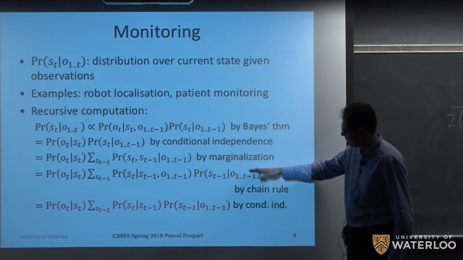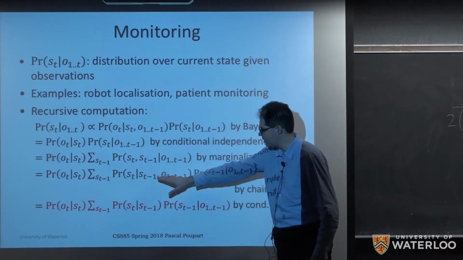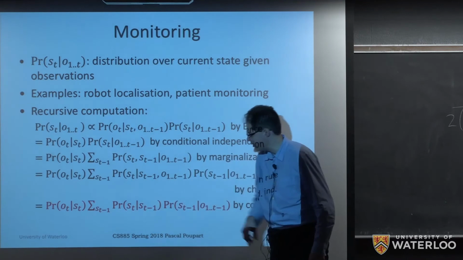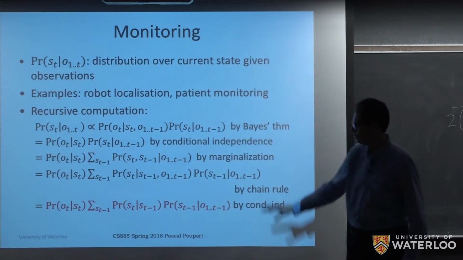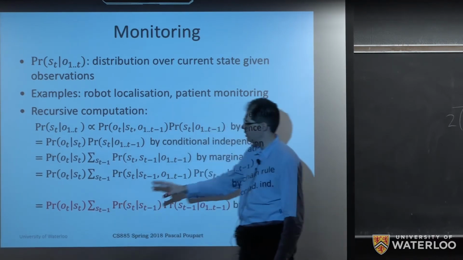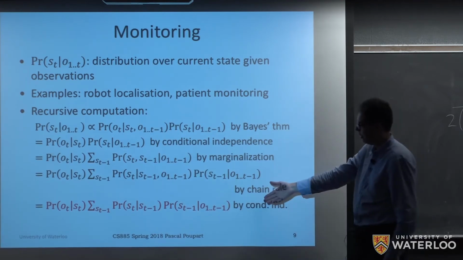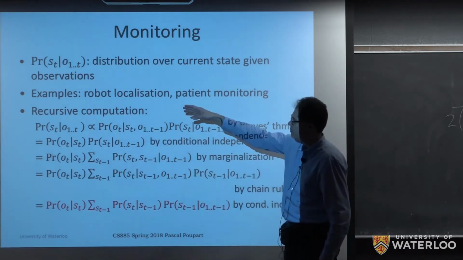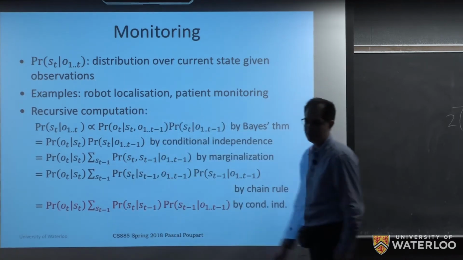And then finally, I can use conditional independence to simplify this one to just depend on ST minus 1, and then I get my final expression. Okay, so here this is a simple derivation that shows how we can estimate in a recursive fashion the probability of the current state given all the observations up until now.